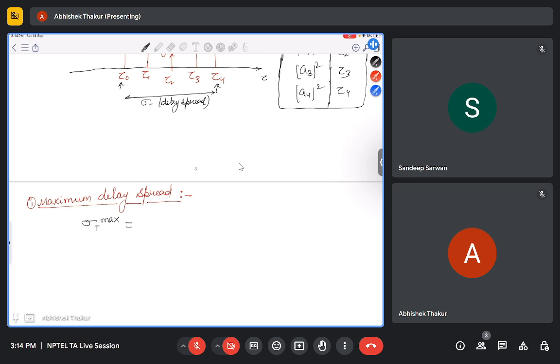Let's suppose there are L multipath components.